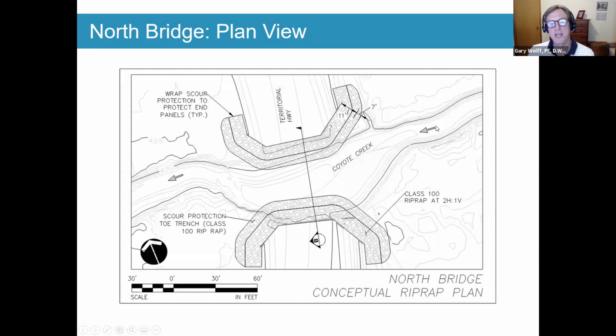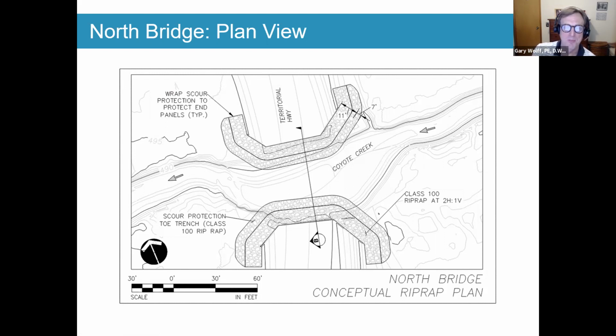And so what we did here is we did some local grading to improve the conveyance, so the connectivity of the waterway under the bridge with the channel upstream and downstream. And then this is the footprint of our proposed scour mitigation at this bridge. Again, currently the bridge is rated scour critical, and the county is going to reuse the existing bridge foundations.